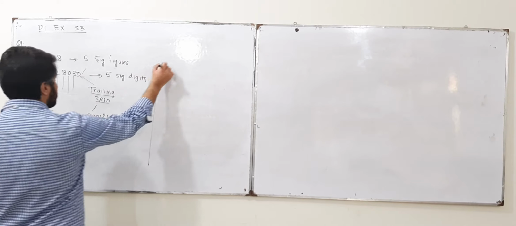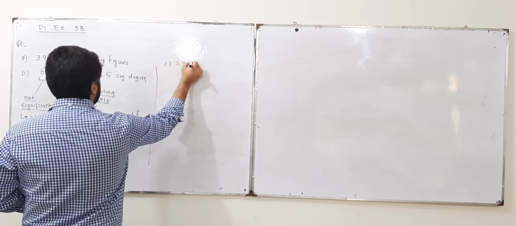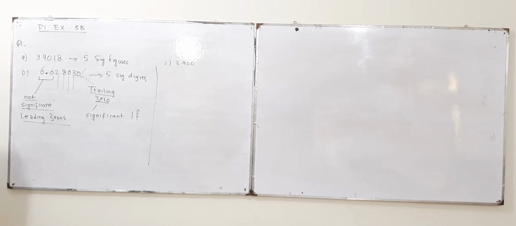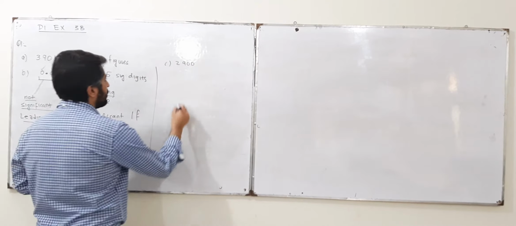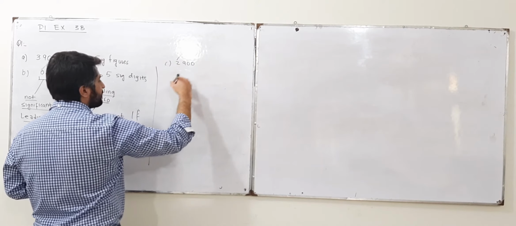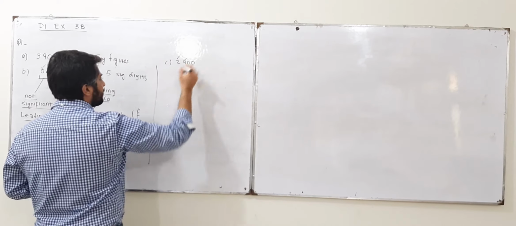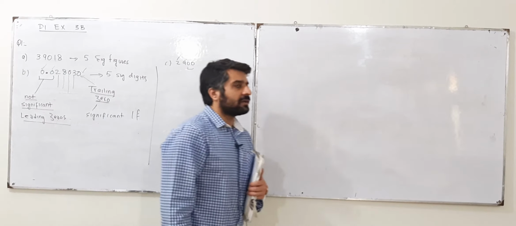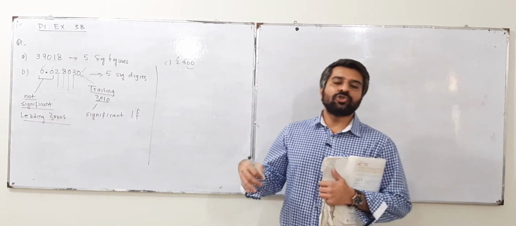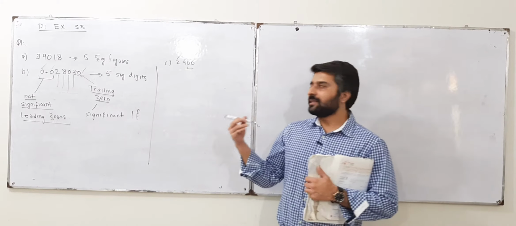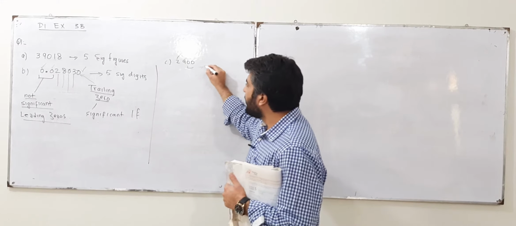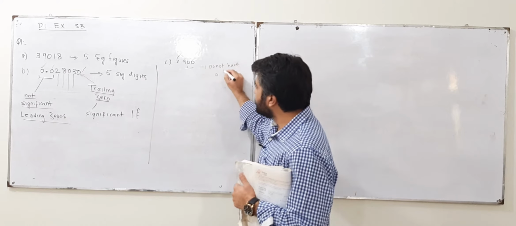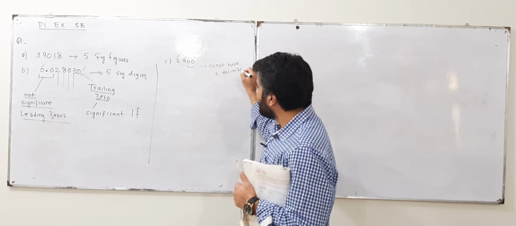The part number C is 2900. Now in this case, 2 is significant, 9 is significant, we have to decide about the zeros. These two zeros are not significant, although they are trailing zeros, because we don't have a decimal anywhere in the number.